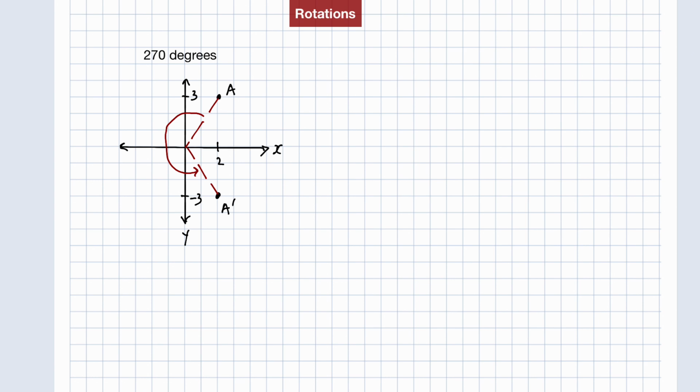Okay, so here we have point A, and it's rotated 270 degrees counterclockwise, and we land at A prime. So what is the rule for a 270 degree rotation? If we have a rotation of 270 degrees about the origin of x comma y, then the new coordinate after rotation will be y comma negative x.